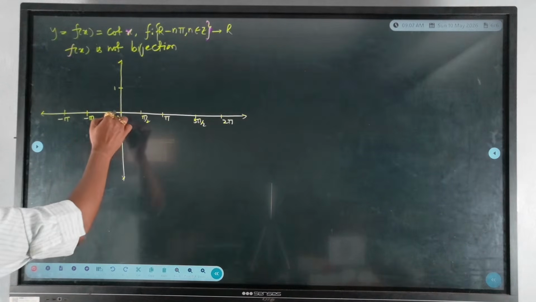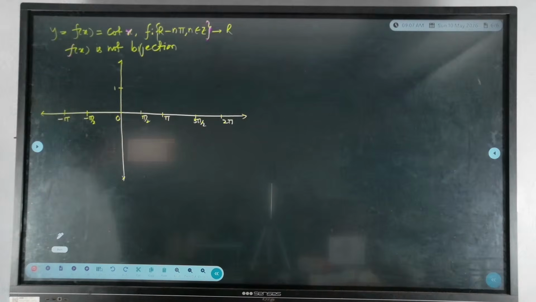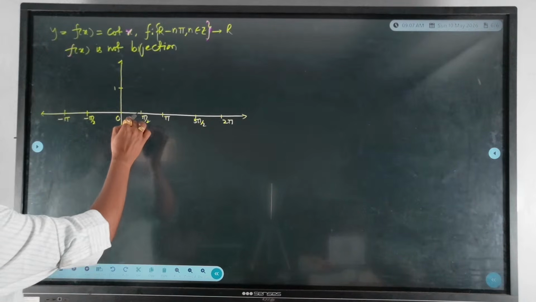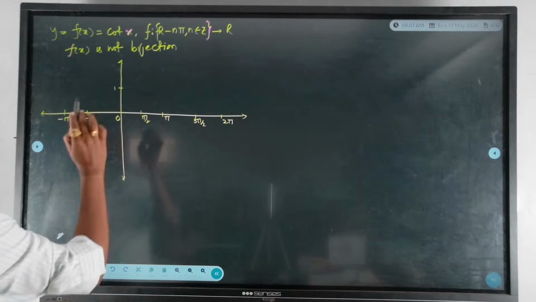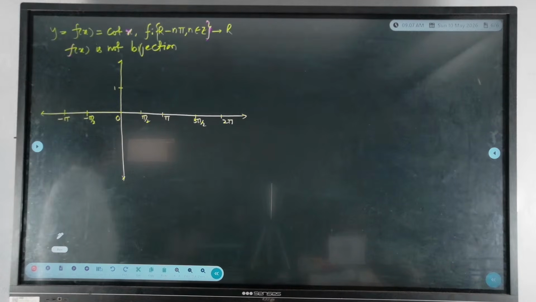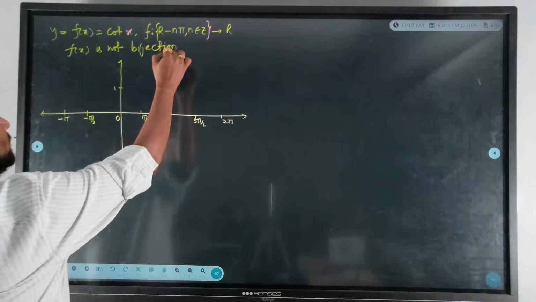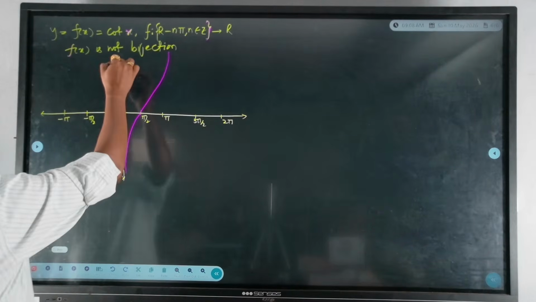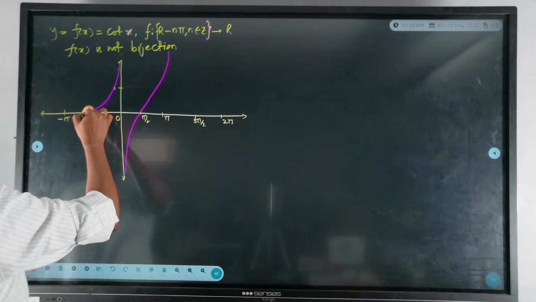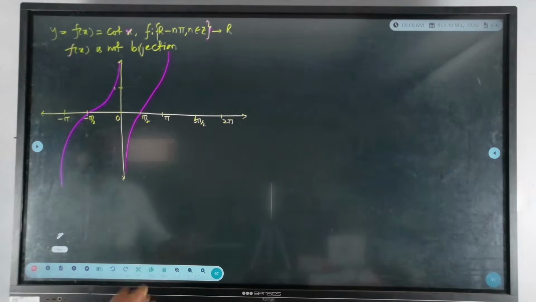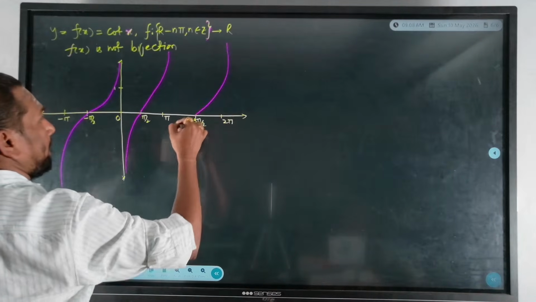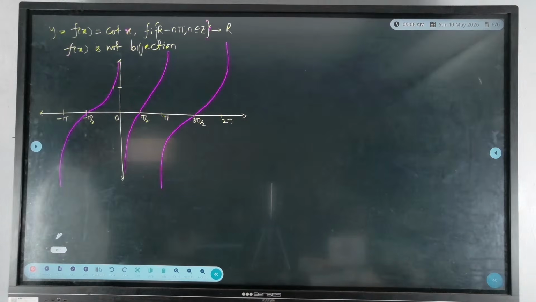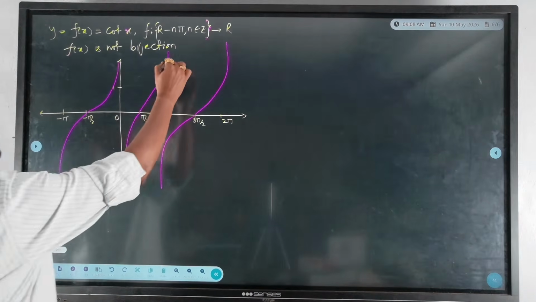For 0, it is undefined. For 90, it is 0. Right? So this is the y is equal to cot x graph.